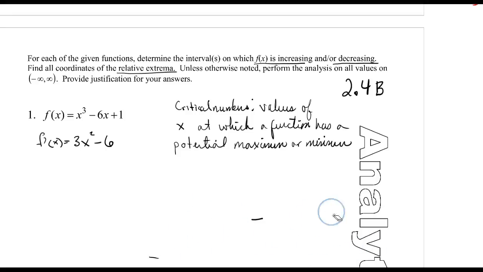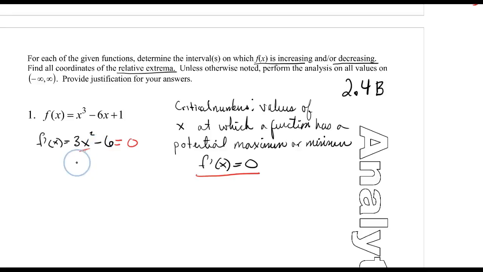So to find those critical numbers, we saw that they're where the derivative equals 0. So we're going to come back here to our derivative function and set it equal to 0. I want to know where does my derivative equal 0? Then I set my function equal to 0 and solve for x.